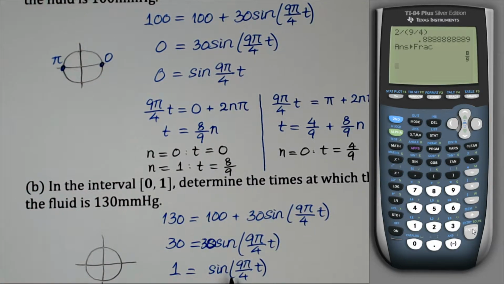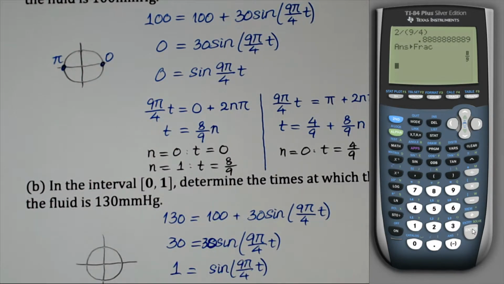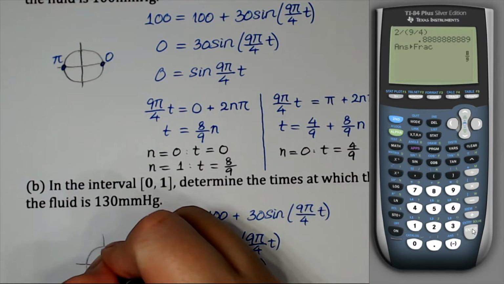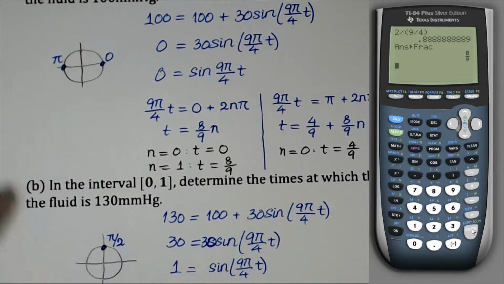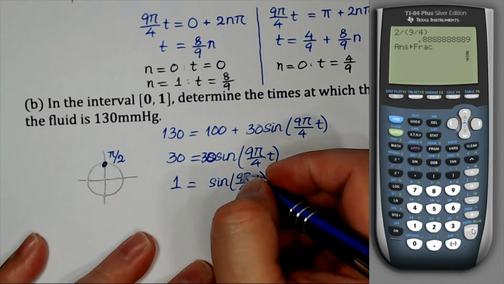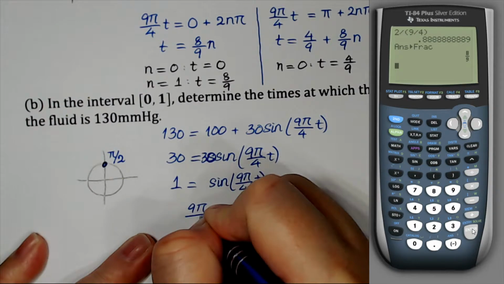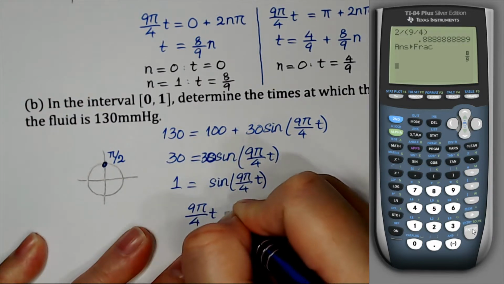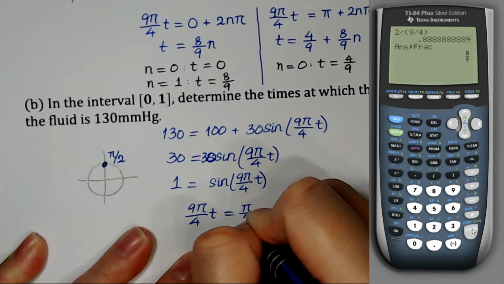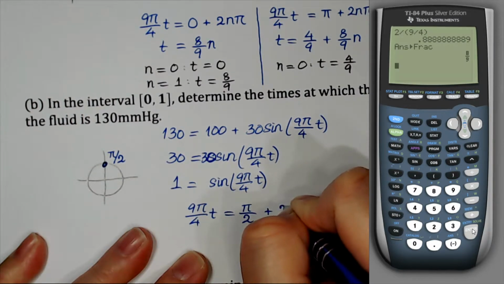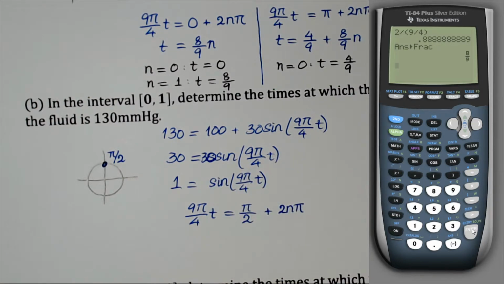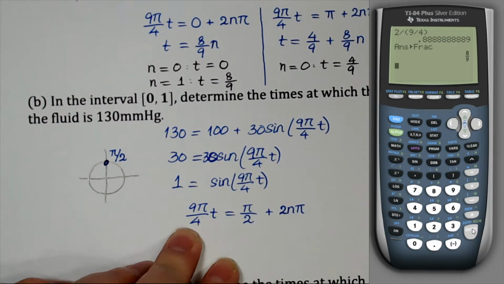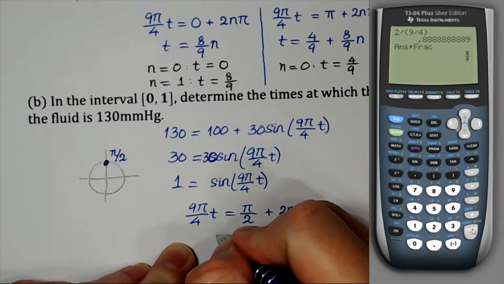So we can say 9 pi over 4 t equal to 0, having to add 2n pi because the period of sine is 2 pi, and we might have coterminal angles. Or we have 9 pi over 4 t equal to pi plus 2n pi, right?